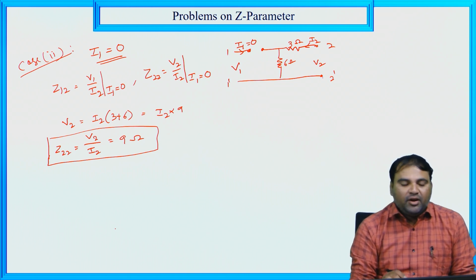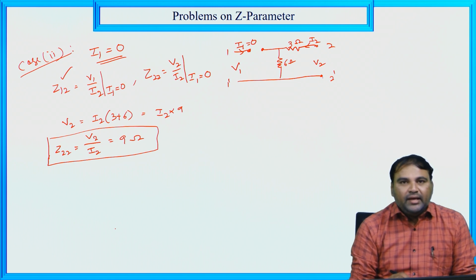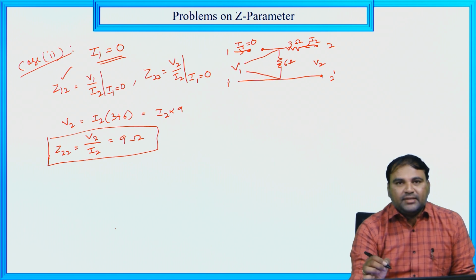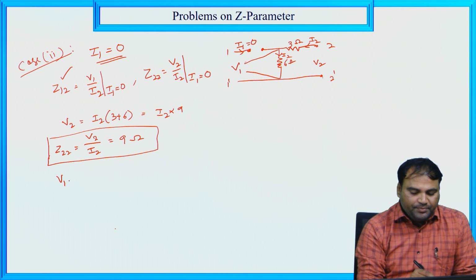And similarly we have to find Z12, where Z12 equals V1 by I2. Here also it is the same. We have to calculate the voltage drop across the 6 ohm resistor, and it is a series combination. In series, the same current flows, that is the I2 current flows through the 6 ohm resistor. Then V1 is equal to 6 into I2.